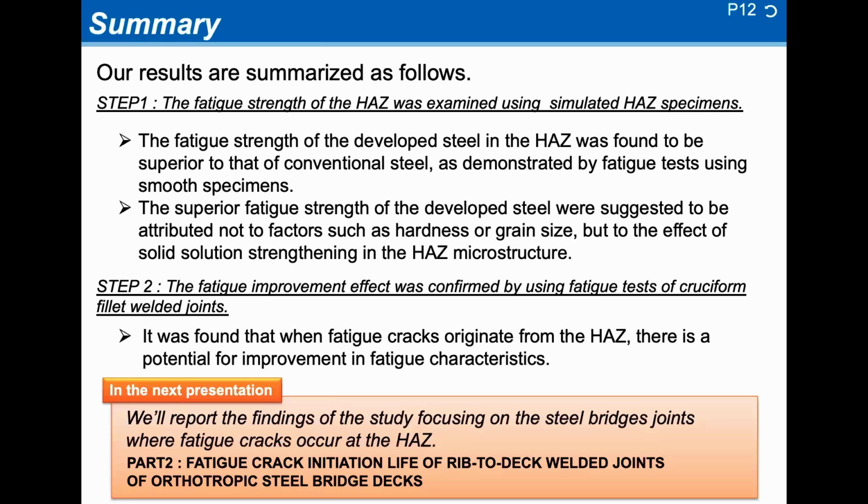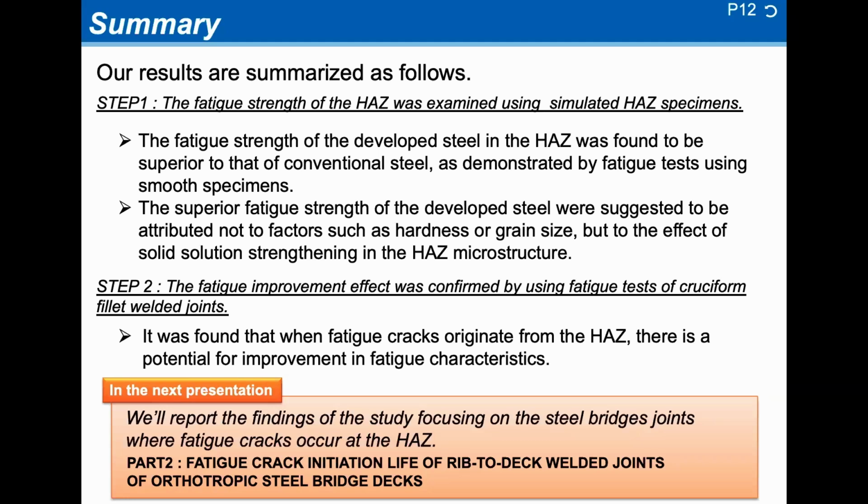Our results are summarized as follows. Step 1, the fatigue strength of the developed steel in the HAZ was found to be superior to that of the conventional steel, as demonstrated by fatigue test using smooth specimens. The superior fatigue strength of the developed steel was suggested to be attributed not to factors such as hardness or grain size, but to the effect of solid solution strengthening in the HAZ microstructure.